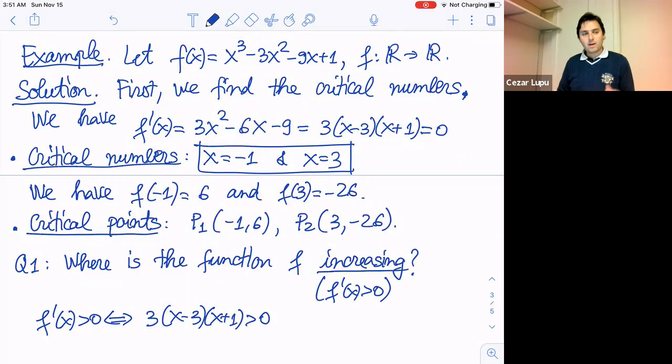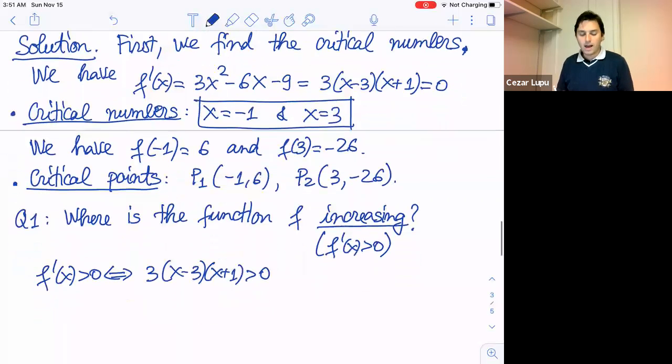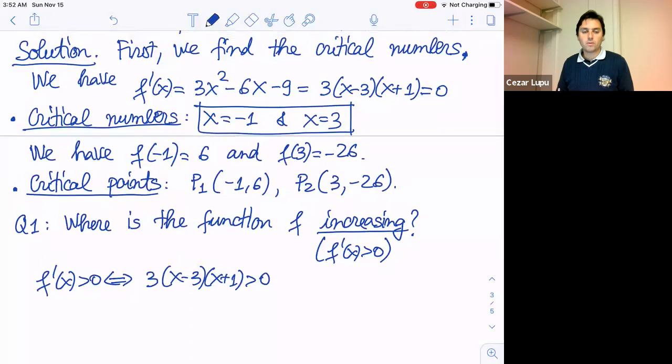All right, what does this mean? The 3 is positive, so the two parentheses must have the same sign, and in either case x will take all the real values except the values between -1 and 3. So let me draw this: here I have -1, and here I have 3.